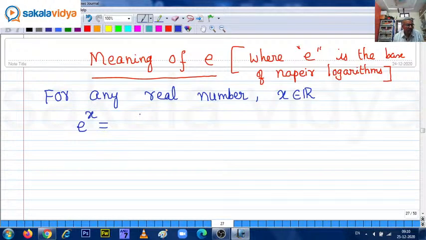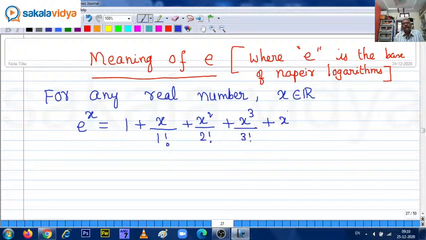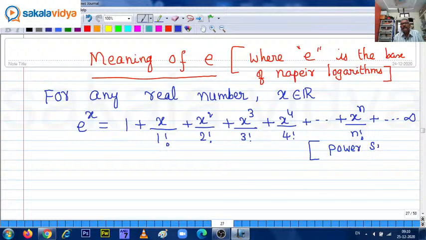As a power series, we get 1 plus x upon 1 factorial plus x square by 2 factorial plus x cube by 3 factorial plus x to the power of 4 by 4 factorial and so on, up to x to the power of n by n factorial plus, to infinity. This is called a power series. That means e power x can be expressed as a series in terms of x.